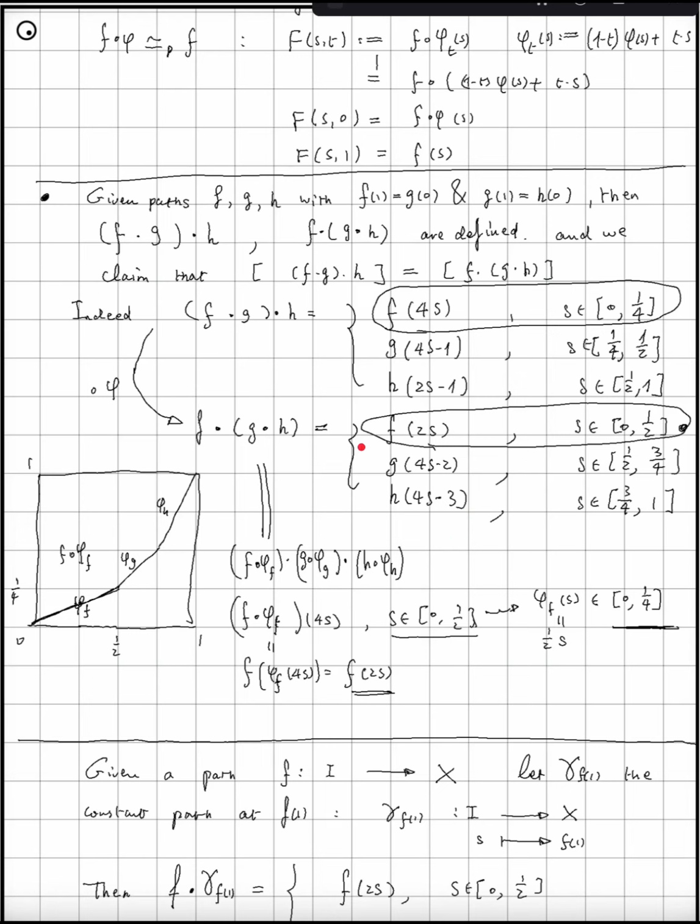The way to do that is to realize that by what we have introduced as reparametrization, this two path is, let's say more precisely, we could reparametrize the first f concatenate with g and then with h to become this f concatenate with (g concatenate with h).